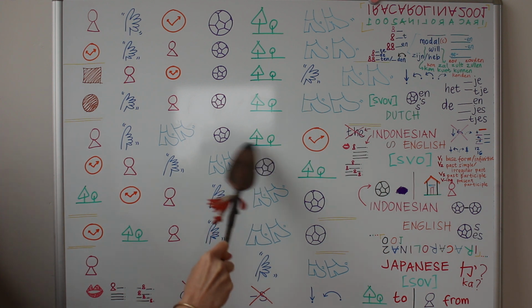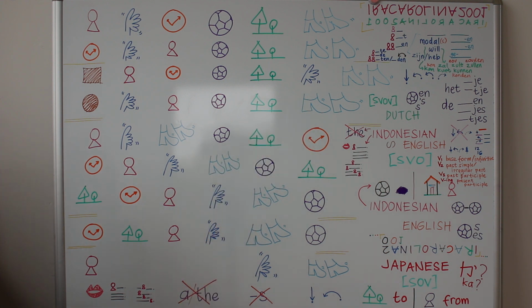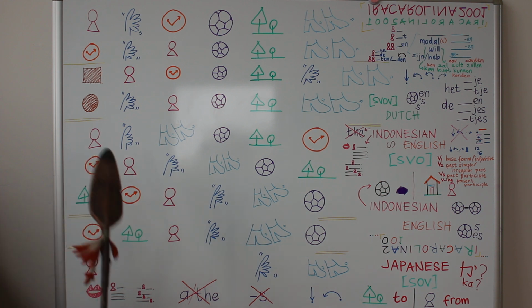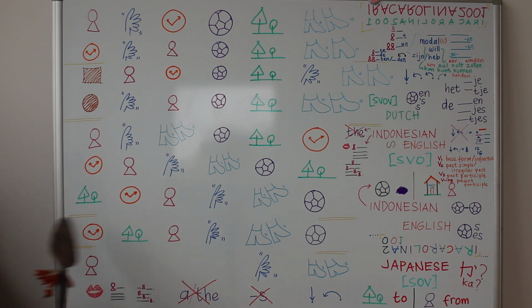The K itself is for the place and the time signal. The difference is only here: in Indonesian, most of the time it's the place first and then the time signal. And in English, time signal first and then the place. That's the only difference that I found here.